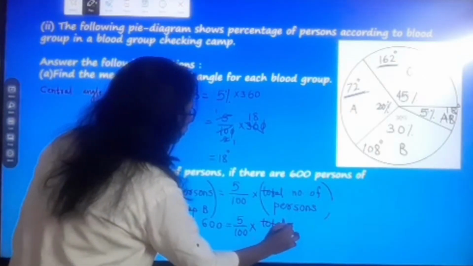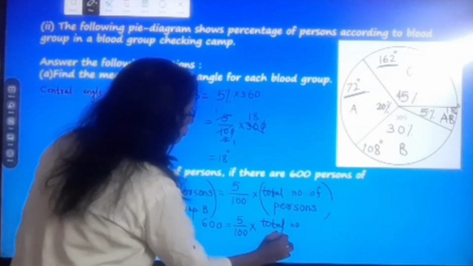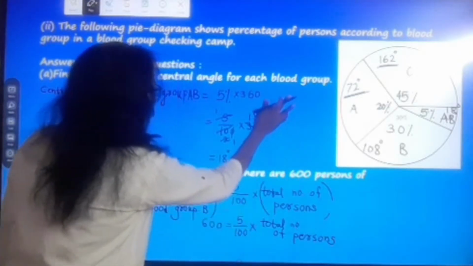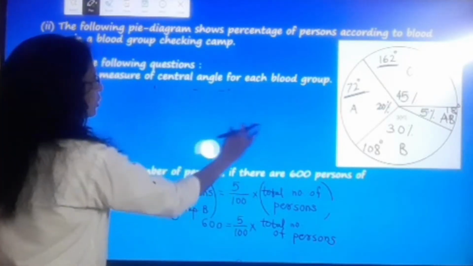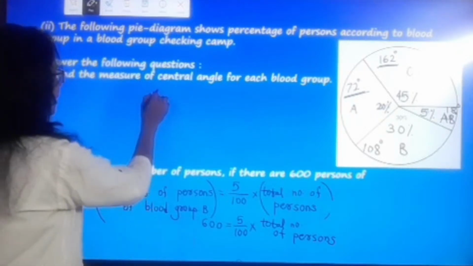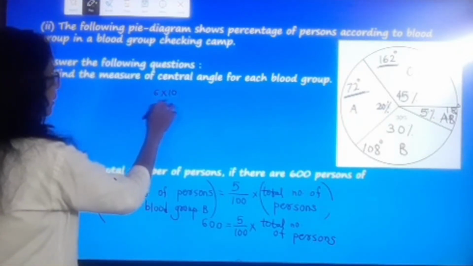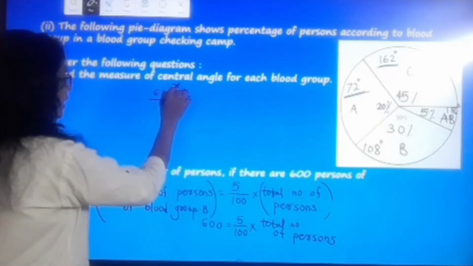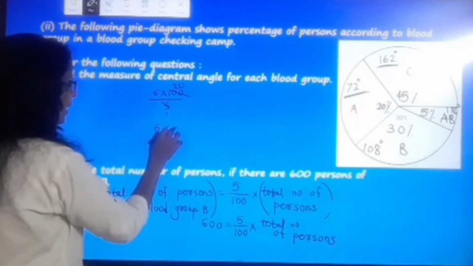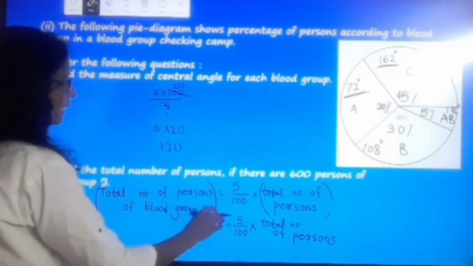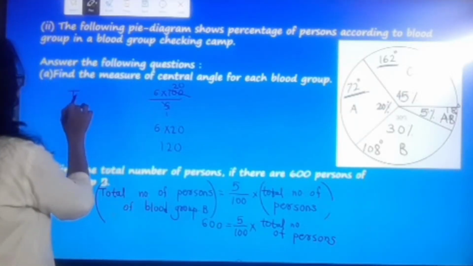Okay, total number of persons. So now here I calculate, students, in this part, that is 6 multiplied by 100 divided by 5, that means 5 ones are 5, 5 twos are 10, zero. So 6 multiplied by 20, that is 120.